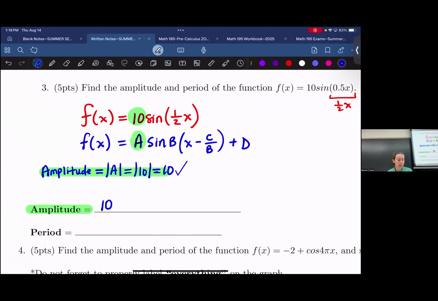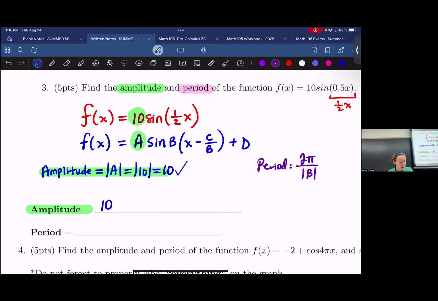And they also ask us to calculate our period. And so our period when we're dealing with sine functions or cosine functions is 2 pi over the absolute value of our b value.